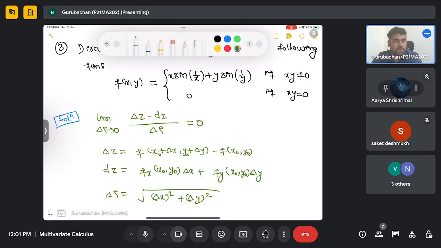But when the product of xy is zero, the function is breaking into two parts, these particular two parts. So we have to first of all calculate these partial derivatives at 0, 0 with respect to both the variables. Then we have to show that this limit goes to 0. So I'm giving you 2 minutes to check this.